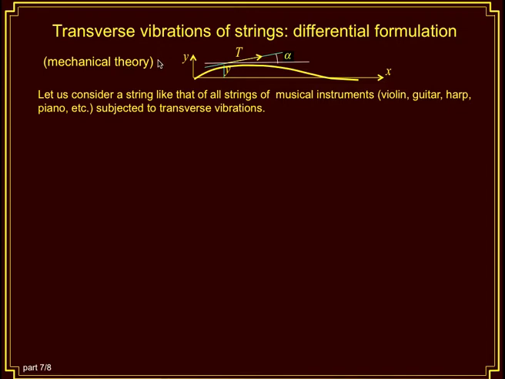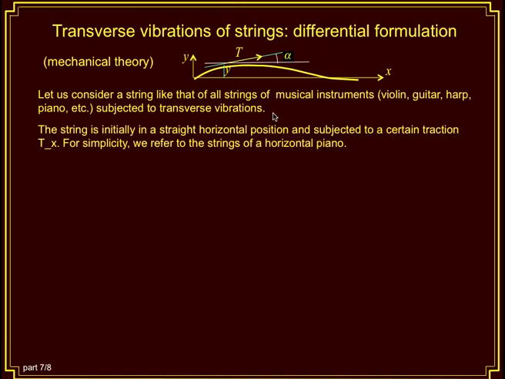Now, let's consider the transverse vibration of a string in differential formulation. Consider a string like that of a string of musical instrument, violin, guitar, harp, piano, and so on, subjected to transverse vibration. The string is initially in the straight horizontal position and is subjected to a certain traction, Tx.